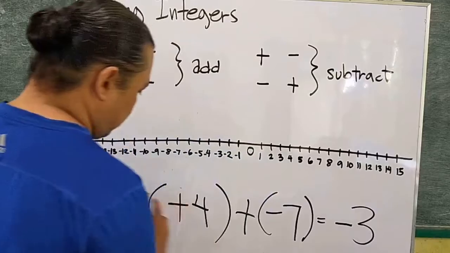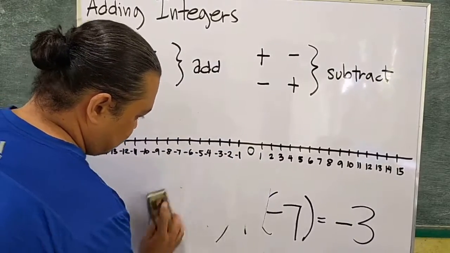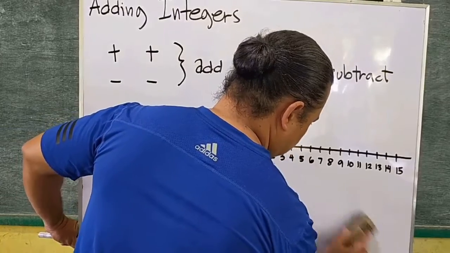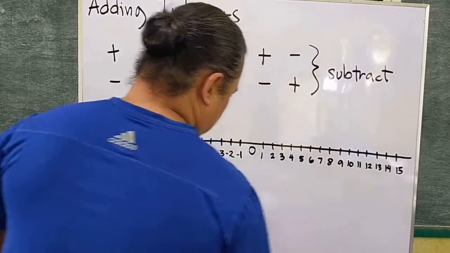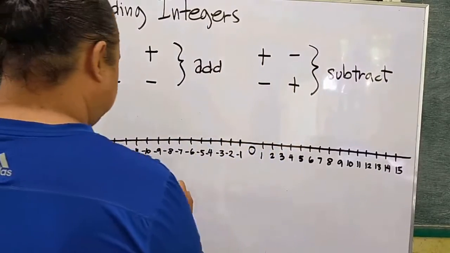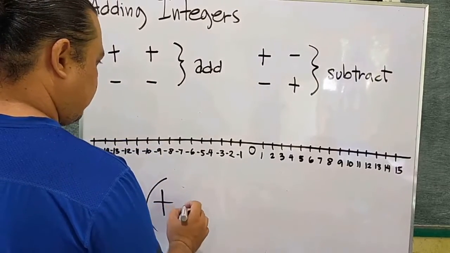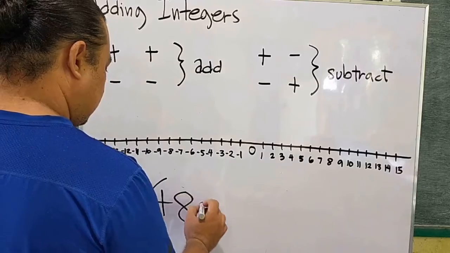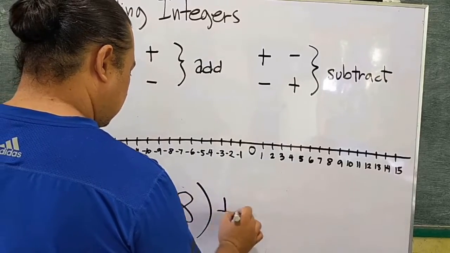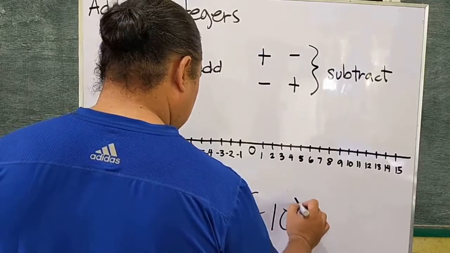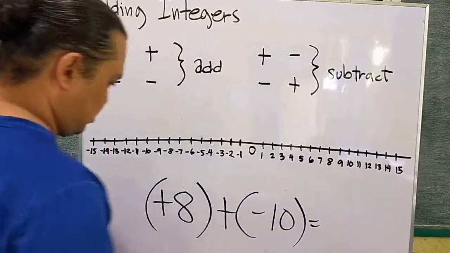Let's have some more examples. Let's have positive 8 plus negative 10. Okay?